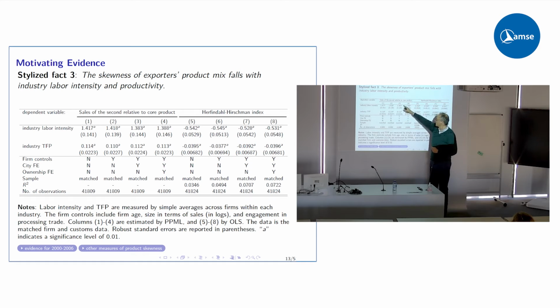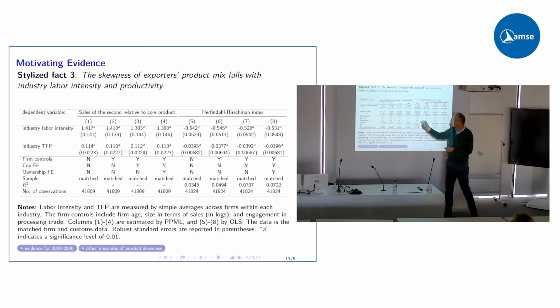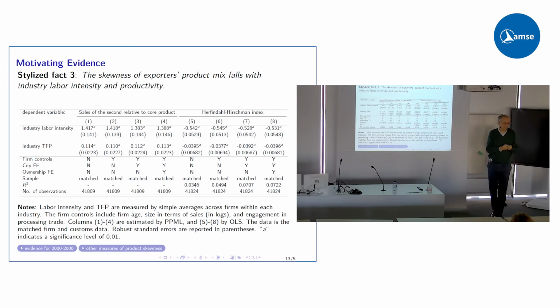The first statistic is the simplest one, because most firms sell one product or two products. So if you want to have a large number of firms, you're going to look at the ratio of the sales of the first product to the second product. And the larger is the ratio, the more concentrated is your product mix.